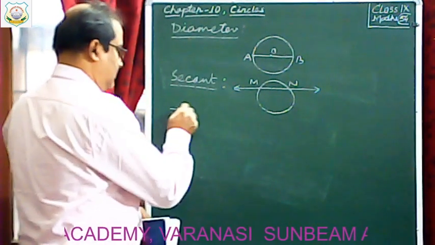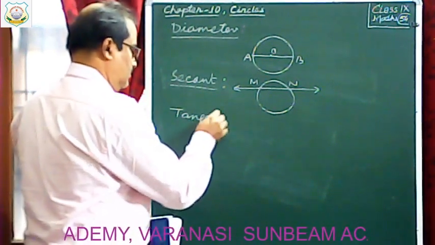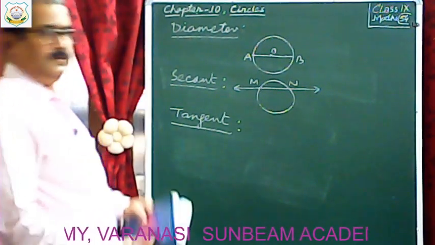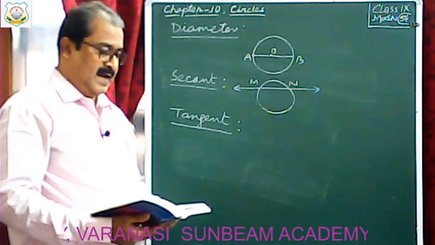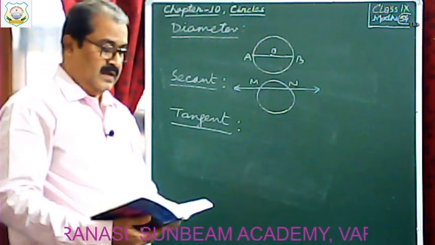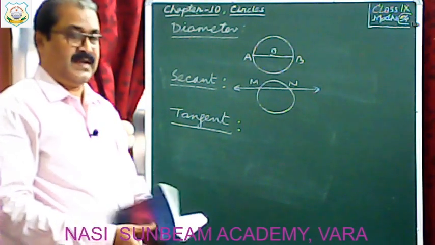Thereafter, tangent. A line that intersects the circle in exactly 1 point is called a tangent to the circle.